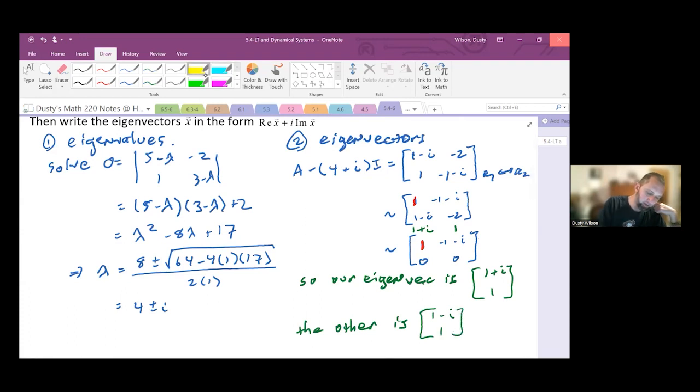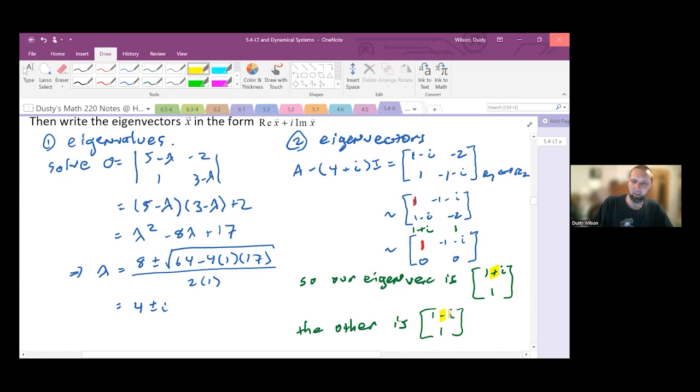Notice here's a plus and here's a minus. Further notice that, well, I was going to say further notice that the plus goes with the plus. I don't know that that will always be the case, so I don't want to get you too excited about that particular thing.